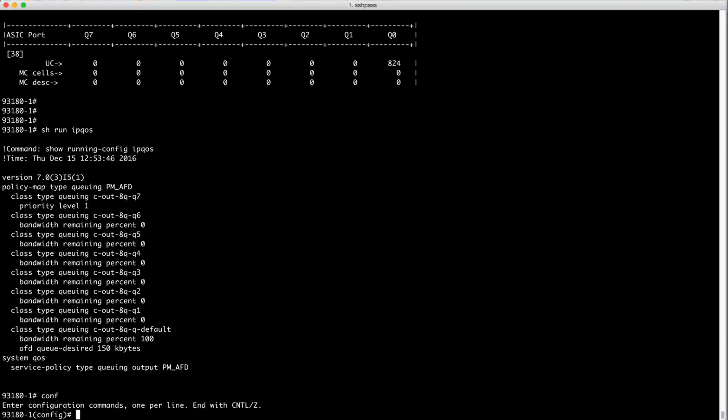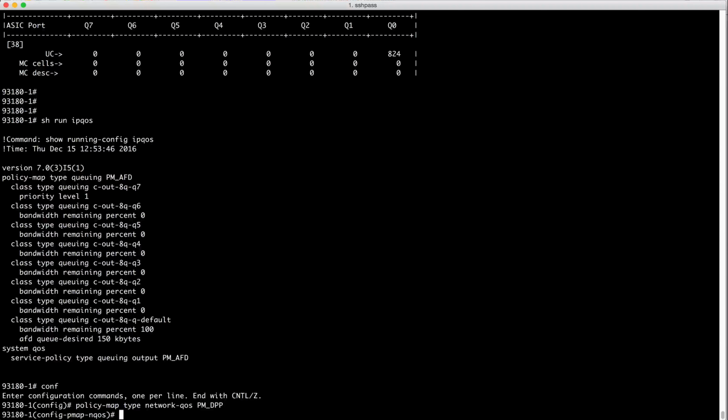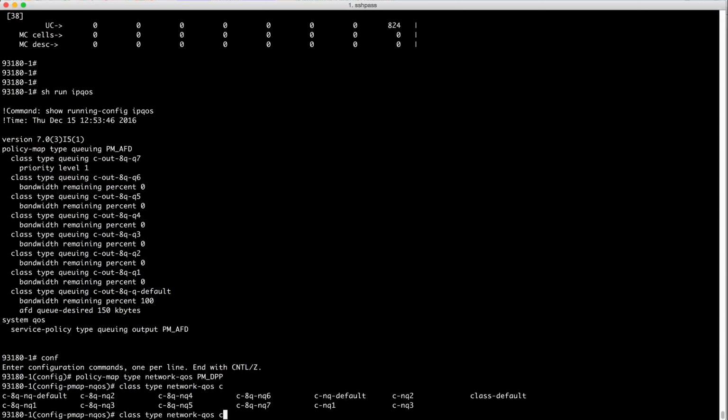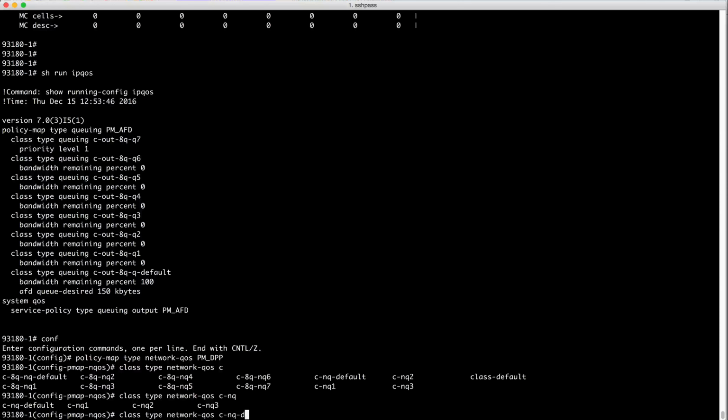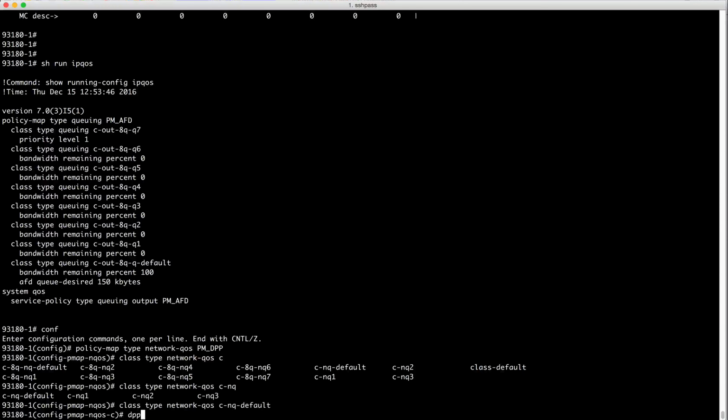So, in addition to AFD, let's enable DPP. We're going to do a policy map, but it's a different type. This one is network QoS, and let's call it policy map DPP. We can use the default queue, and for the mice flow packets, those first few packets, we're going to put them in queue 7, which is the strict priority queue.